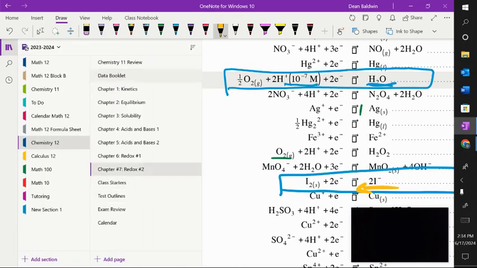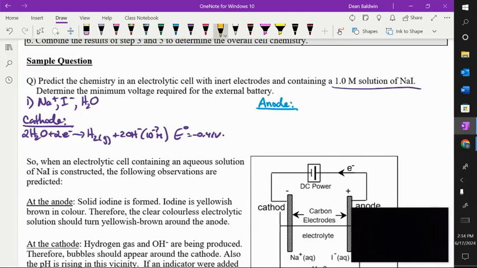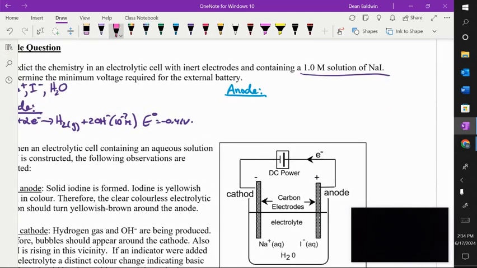So the anode reaction is going to be 2I minus.